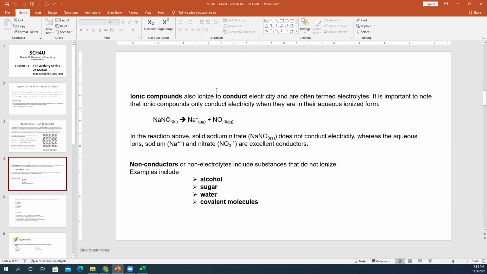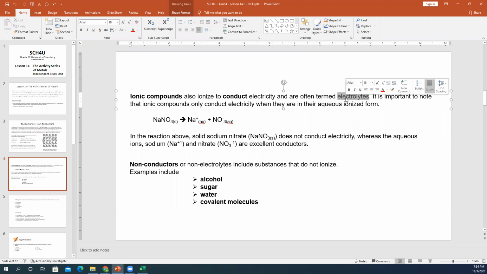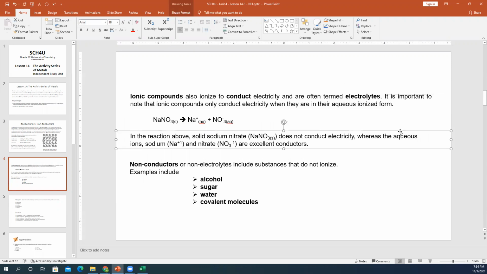So ionic compounds also ionize to conduct electricity, and in that case they are termed electrolytes. It's important to know that these ionic compounds only conduct electricity when they are in their aqueous ionized form.